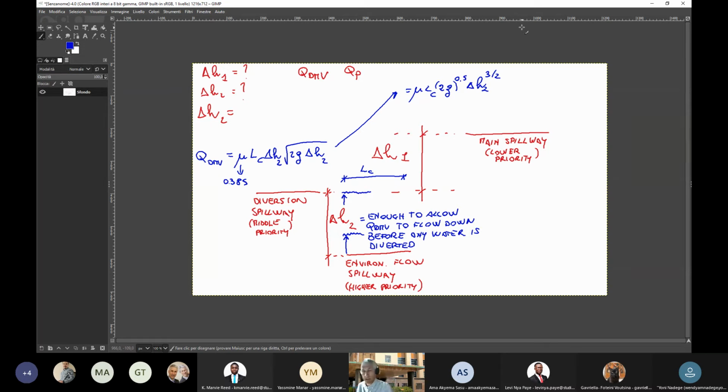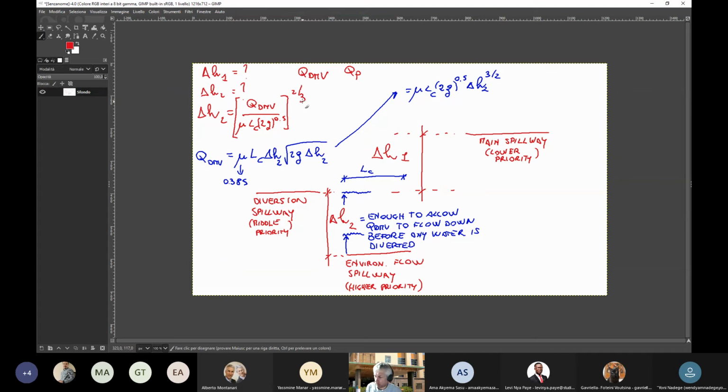And here I can get an explicit representation for delta H2, which is equal to, I can write it here, delta H2 is equal to Q dmv divided by μ LC (2g)^0.5, and everything to the power of 2/3.